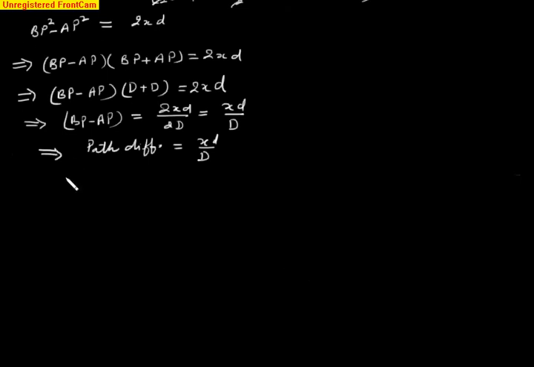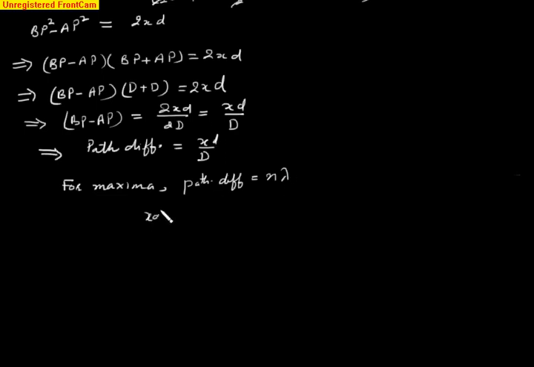For maxima, the path difference should be equal to n lambda, and let us equate these two.